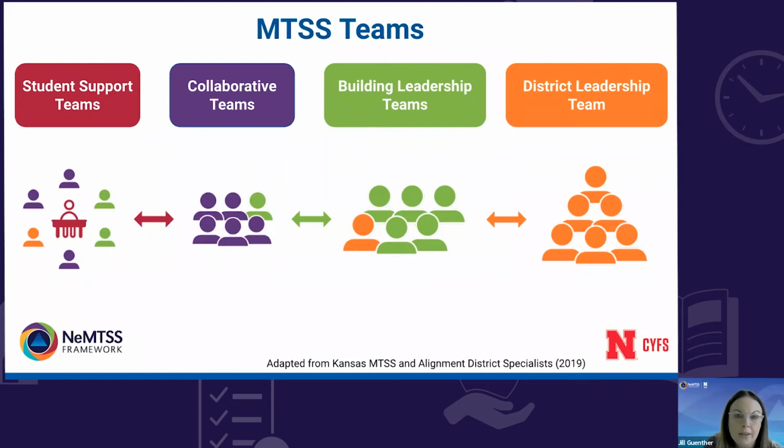I want you guys to just take a minute to reflect and consider whether or not you have a systematic structure that's similar to this. Do you need to maybe establish some infrastructure components to allow for this type of teaming to happen? It's important to also remember that ideally your screening team would be composed within your NeMTSS team.